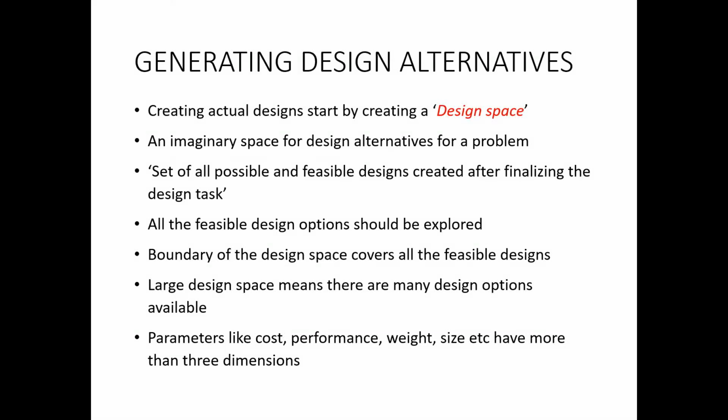So a lot more parameters are considered for each of these design alternatives, and finally we select the best design alternative. There are a number of methods to select the best design alternatives, which we will discuss further in the next lecture.